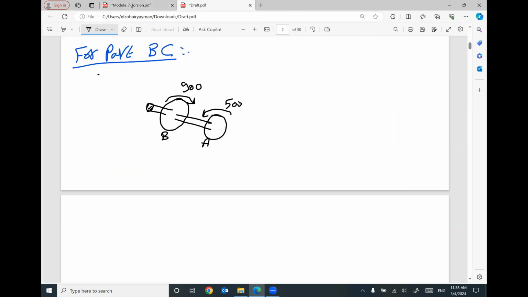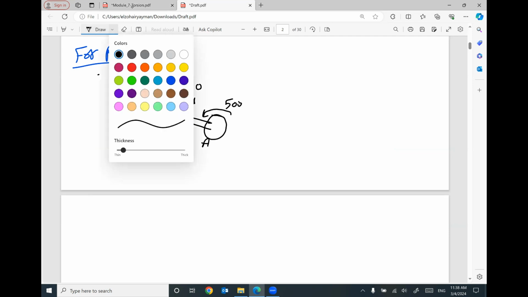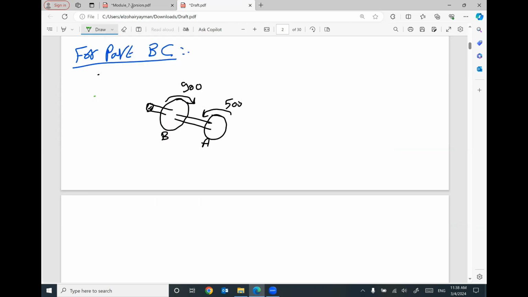So I expect 500 and 900 in opposite direction. So I expect at my cut, I will have a torque moving in the same direction as the 500, with 400 pound-foot to make equilibrium. Does that make sense? So the 500 and the 400, both of them will be in equilibrium with the 900. That means the torque in part BC will equal 400 pound-foot.